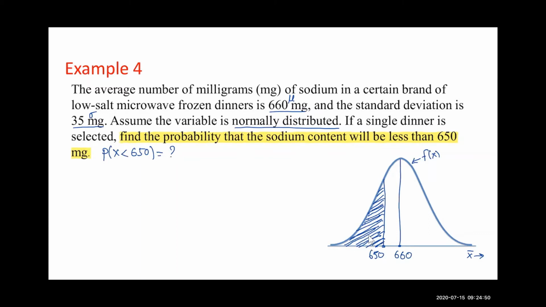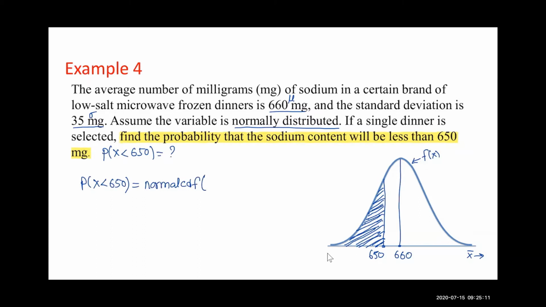So we know that in order to find the area, we use the TI-84 calculator, and this is how we find it. The probability that X is less than 650 is equal to, we use normal CDF.